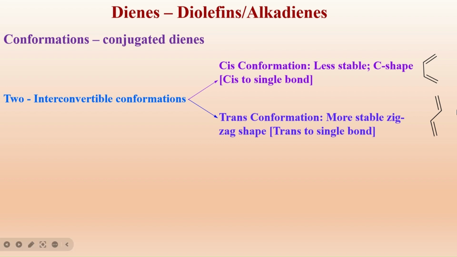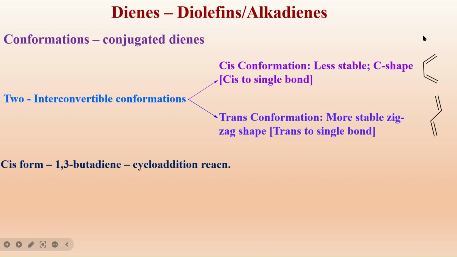Because it exists in cis and trans conformation, these two are the cis rotamer and trans rotamer. Because of this, conjugated dienes in cis conformation exhibit a reaction. They can undergo cycloaddition reaction.